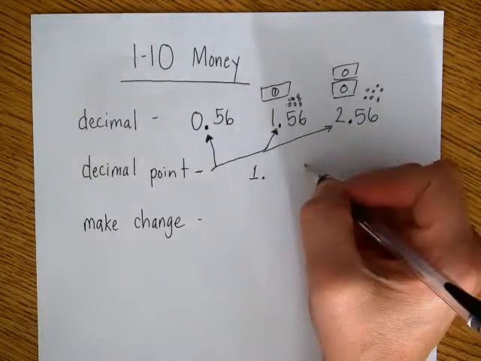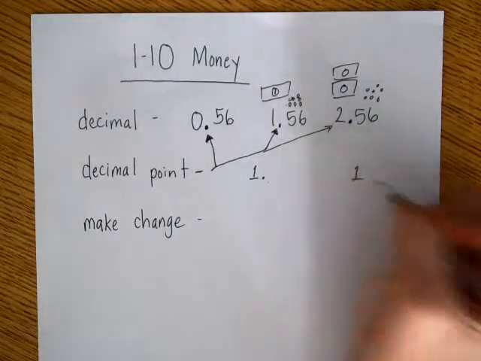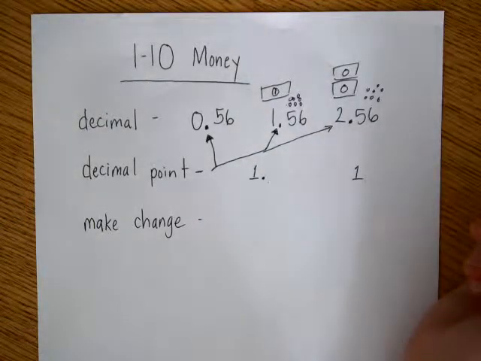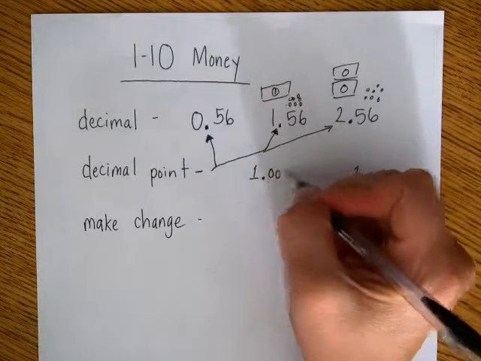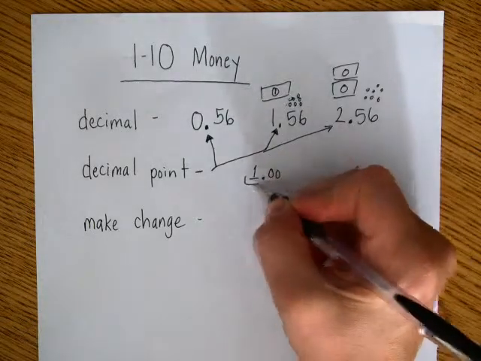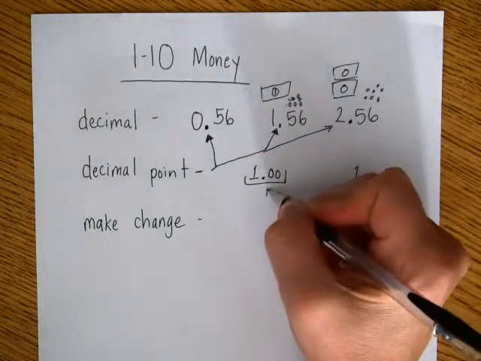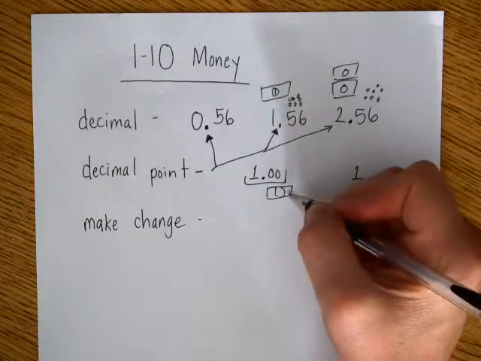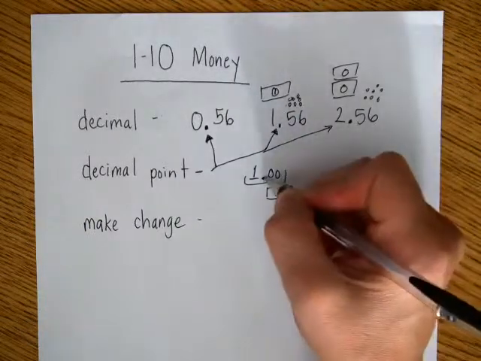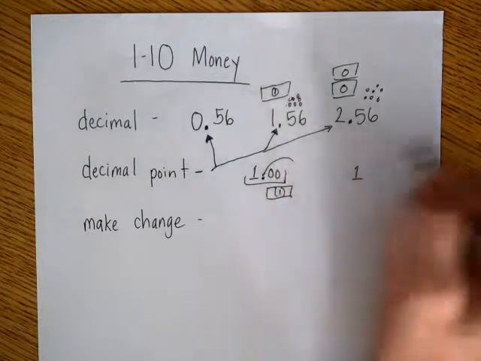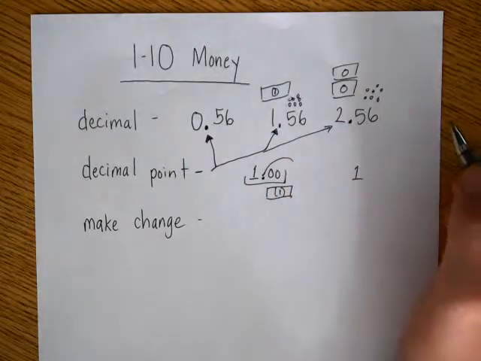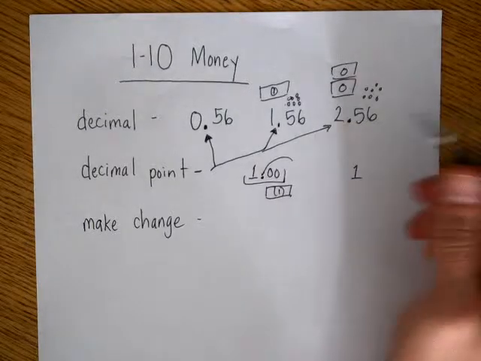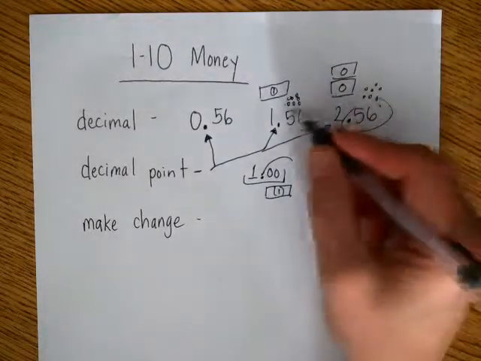Usually we just write 1 for the number 1, but it could also be written with zeros after the decimal point, and you will recognize that as looking like your $1. So any whole number can have a decimal point after it. We just don't bother to write it all the time, because who wants to run around writing decimal points when you don't need to? But when we need them, for sure we write them.